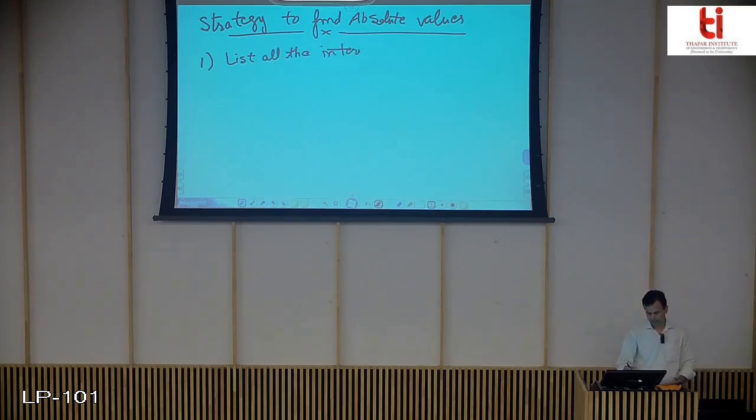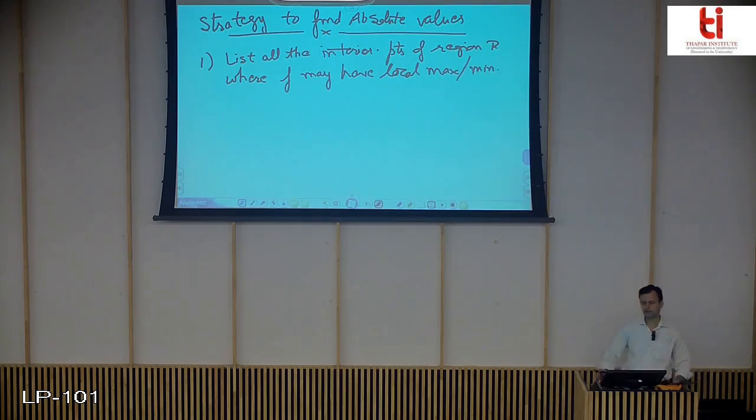First of all, you must list all the interior points of region R where f may have local maxima, minima. Since region R has two portions, one is its boundary, other is the interior region.